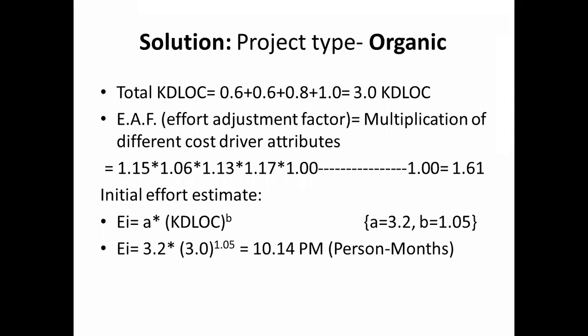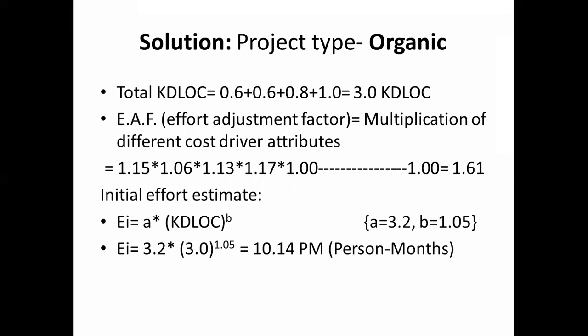So here, first you have to write that the project type is organic, like this. Okay, then calculate step 1. In step 1, as per COCOMO, total KDLOC is given as 0.6 plus 0.6 plus 0.1, so it will come to 3 KDLOC. Okay, now in step 2, you have to calculate EAF, that is the effort adjustment factor, and EAF is equal to the multiplication of the different cost driver attributes.